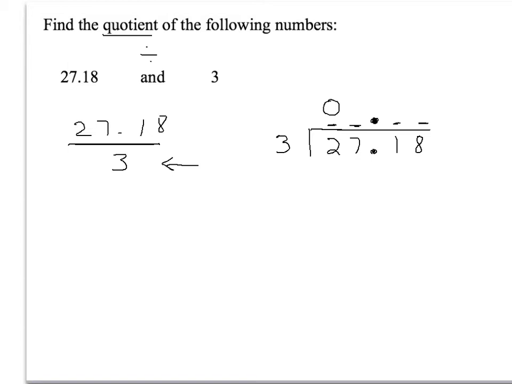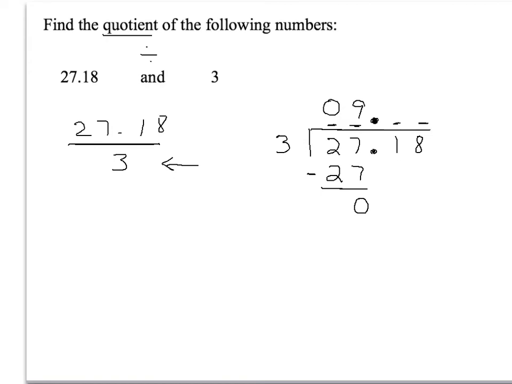And the answer, I believe, is 9. And then 9 times 3 is 27. So what I want to do is subtract this off. 27 minus 27 is 0. That was nice. You always want to make sure that the remainder is smaller than what you're dividing by. And in our case, we're good to go.